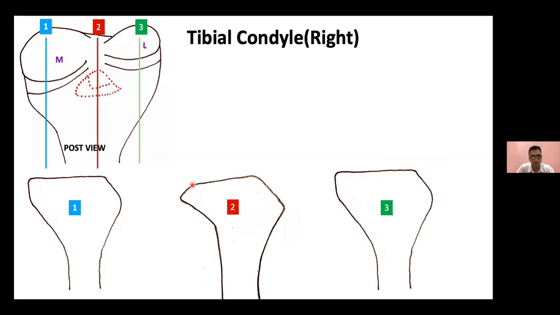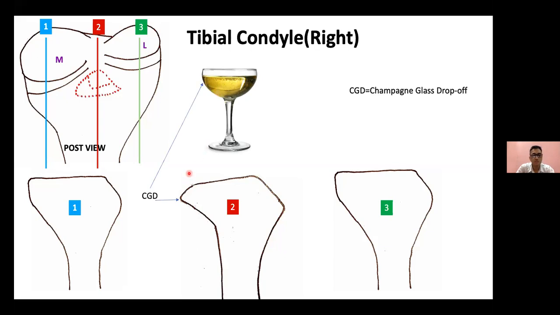There is a posterior slope, while at a certain point, it starts sloping anteriorly. If you compare this with a glass of champagne, the slope that goes anteriorly resembles a glass of champagne. So this point is also called the champagne glass drop-off, from where the slope starts going anteriorly.